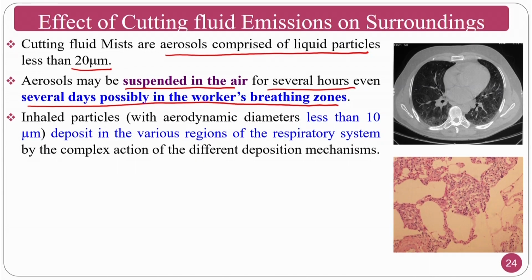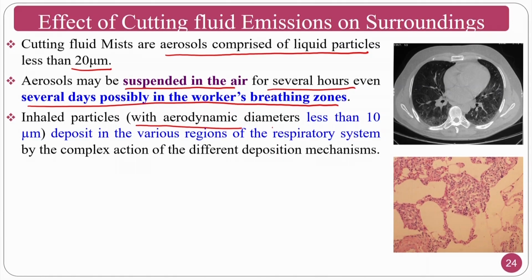Whenever these particles go out through the exhaust, they will stay in the surrounding atmosphere, and the people who are nearby may breathe them. Inhaled particles with aerodynamic diameter less than 10 microns deposit in various regions of the respiratory system by the complex action of deposition mechanisms.